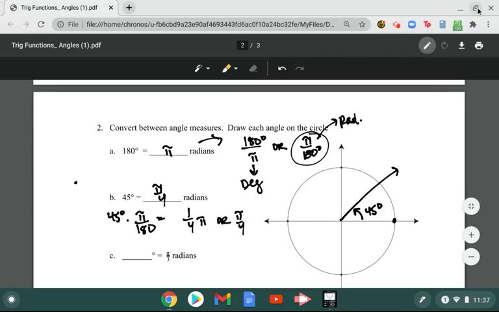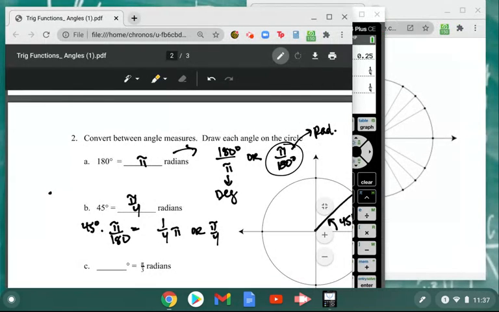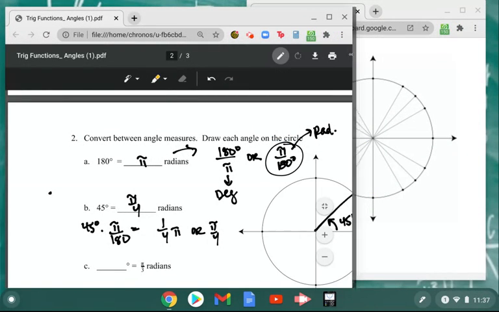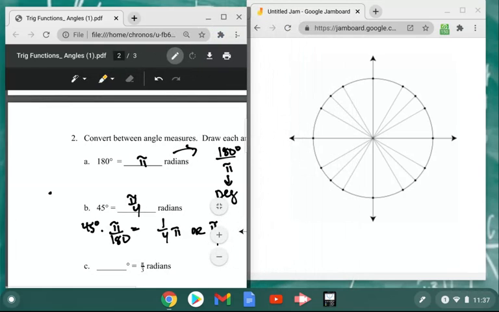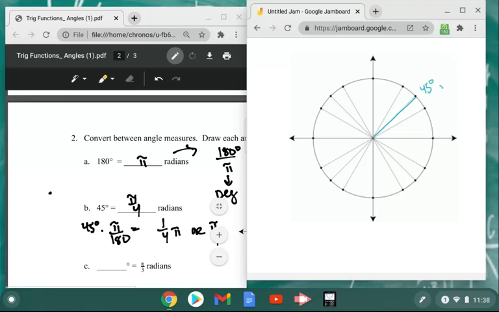I also have, let me minimize this guy, I also have a blank unit circle over here that has a lot of these common angles marked out. I want to go ahead and mark this on my blank unit circle, and that's going to be this one right here. So this guy right here is 45 degrees, or pi fourths.